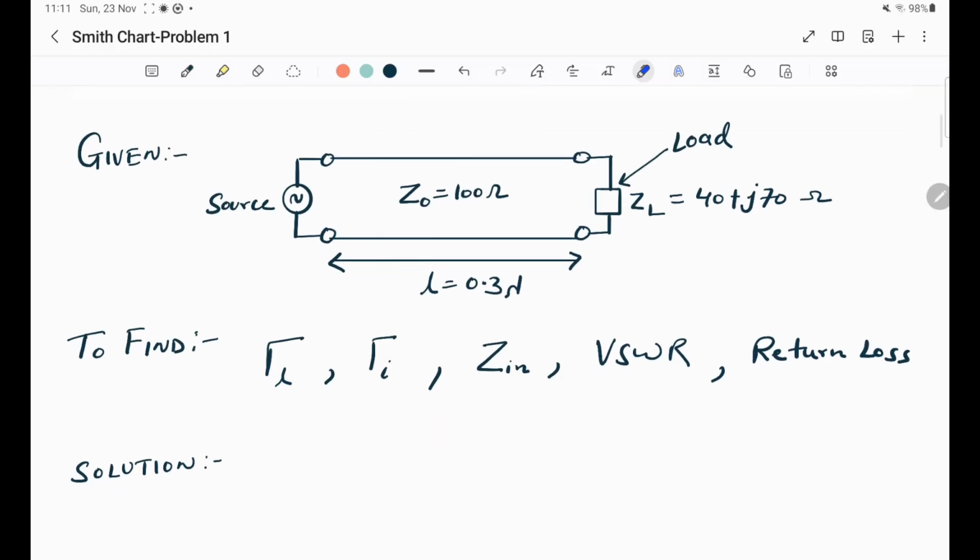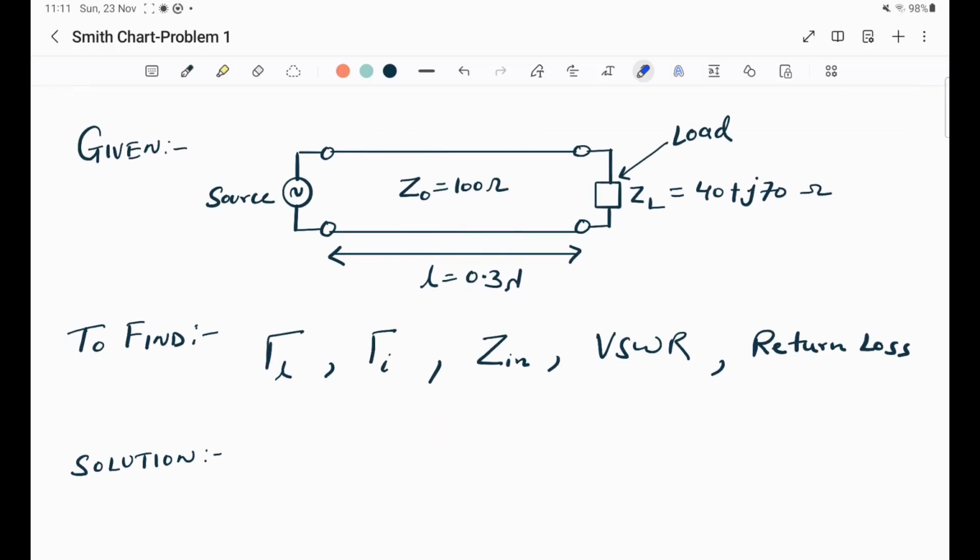Now we very well know that dealing with Smith charts requires normalized impedances. In this question, the load impedance ZL is given as an absolute value. So in order to find the normalized impedance, you need to divide ZL by Z0. Let us do that first.